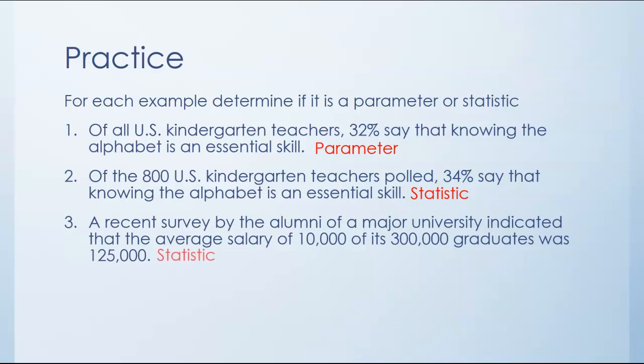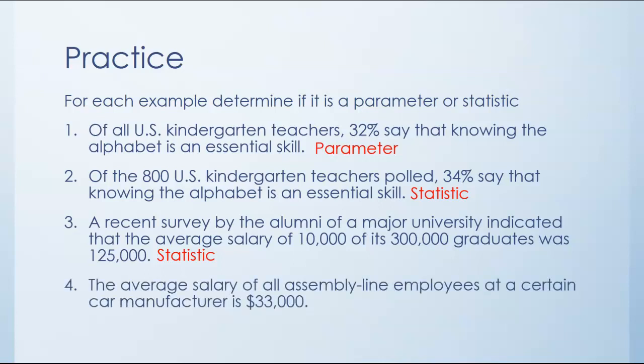So again, hopefully you're saying that this is a statistic. Since we did not survey all 300,000 graduates, they only surveyed 10,000 of them. The population is the 300,000 graduates, and my sample becomes the 10,000 that we surveyed, therefore making this a statistic since it's not about the entire population.